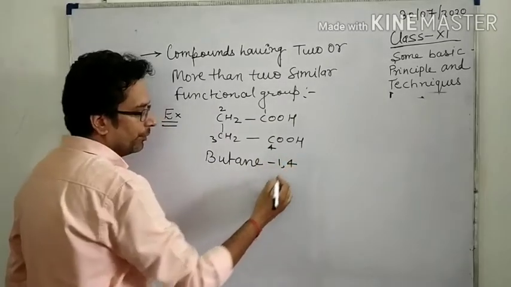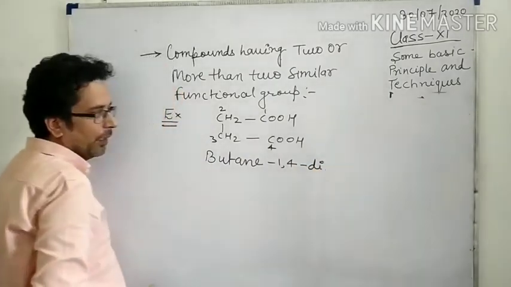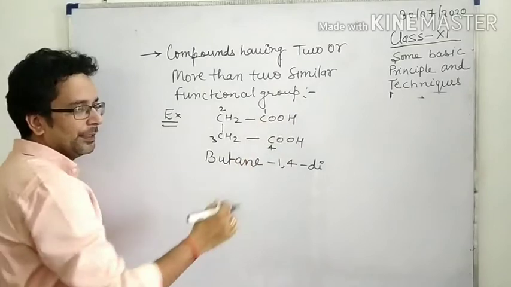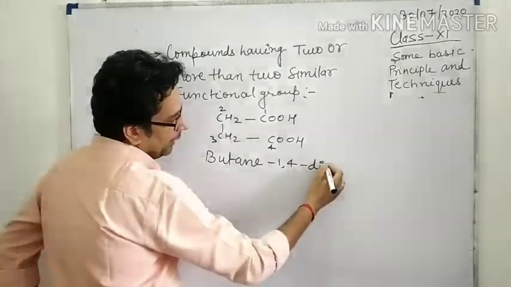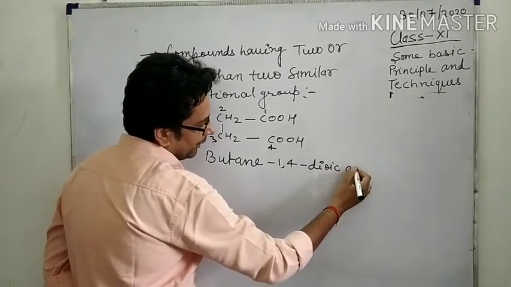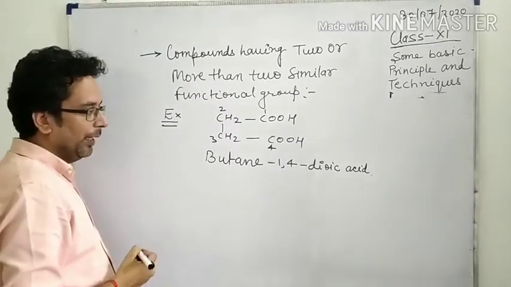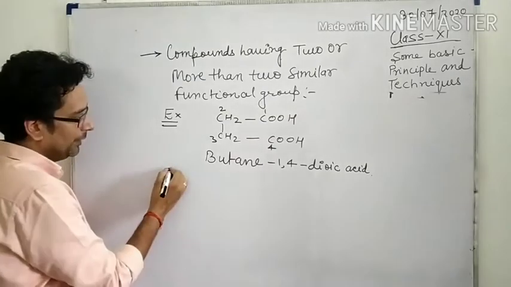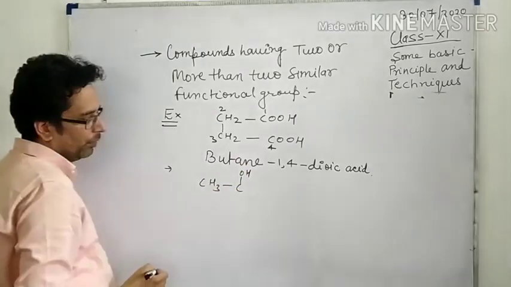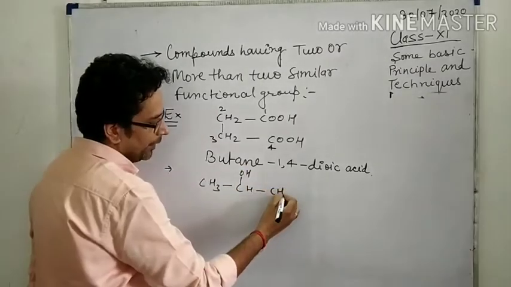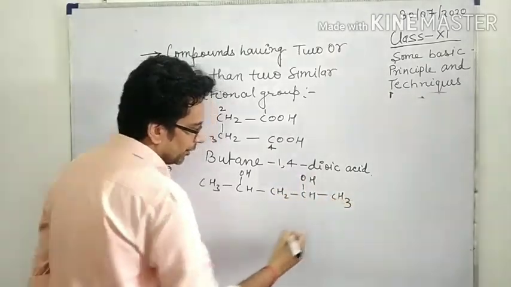1, 4. For two functional groups we use di, and for carboxylic acid we use the suffix oic acid. So use dioic acid. Okay, dioic acid. Now next example, CH3, CHOH, CH2, CHOH, CH3.